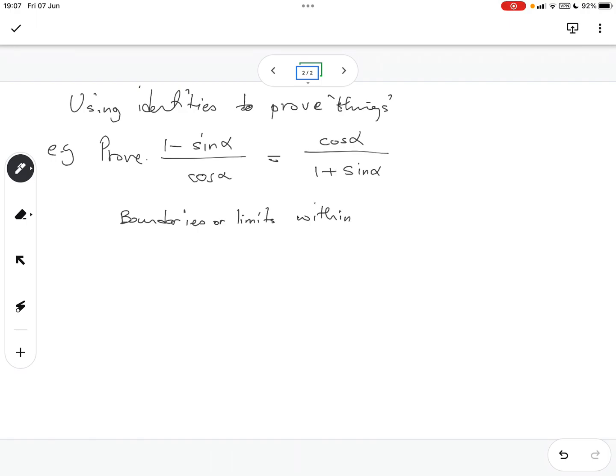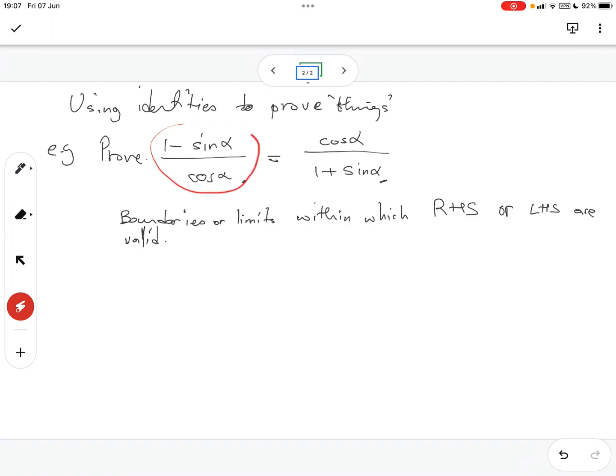These are limits within which either the right hand side or the left hand side are valid mathematically.